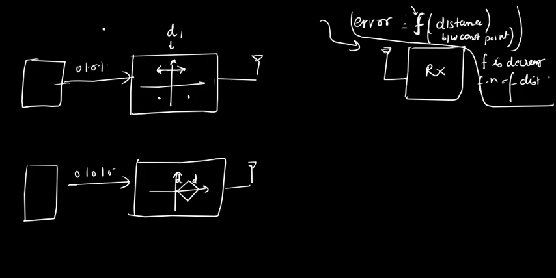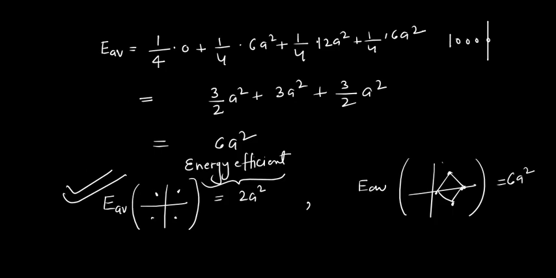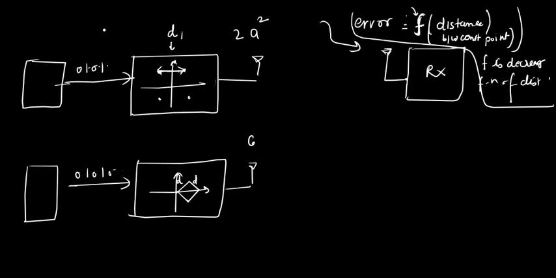Now I would ask, the energy which you are transmitting here is 2a square, here it was 6a square, but here you are giving more power, or consuming more battery or more energy. So are you getting more performance also?